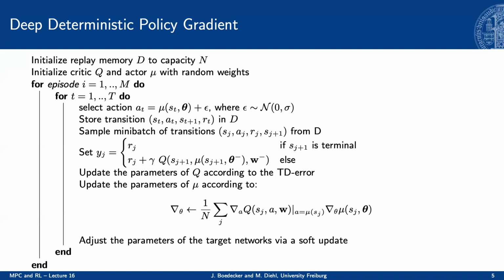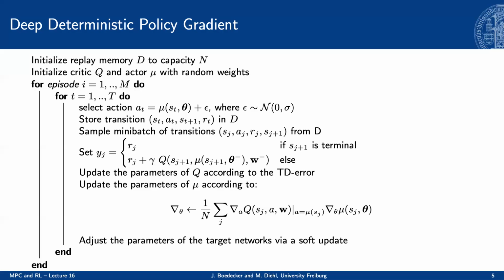Then we can sample a mini batch of these transitions from the replay buffer, and we calculate our targets, y_j. If it's a terminal state, we just take the immediate reward. In every other case, we calculate our target using our target networks, for both the actor and the critic. We update the parameters of our critic, the Q function, according to the TD error, and we update the parameters of the actor mu according to the deterministic policy gradient theorem update.